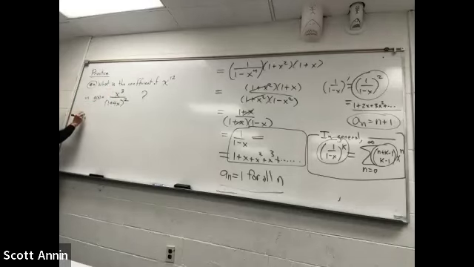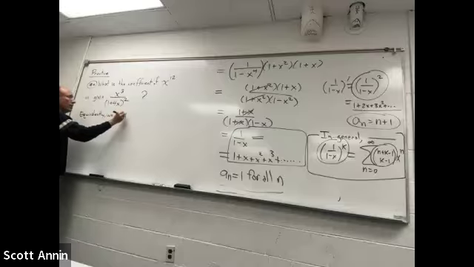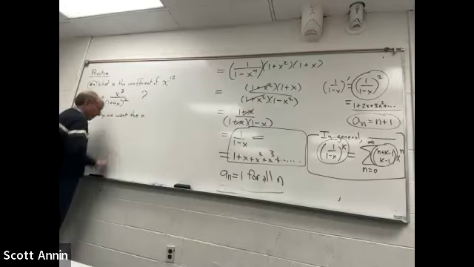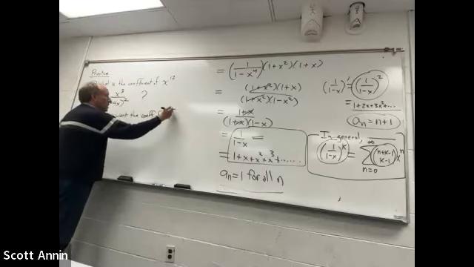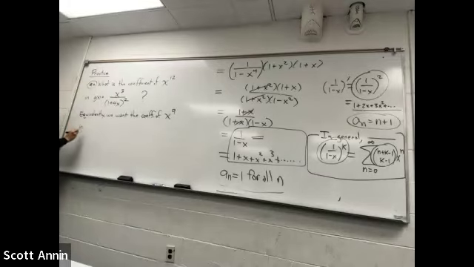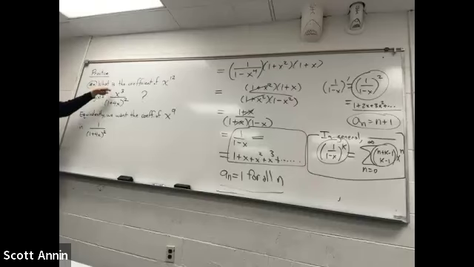So equivalently, we want the coefficient of x to the 9th in 1 over the quantity 1 plus 4x quantity squared. So if I get the coefficient of x to the 9th out of that, then by the time I power it up with an x cubed on top, it'll be the coefficient of x to the 12th of what I originally started with. Does that make sense so far? Okay.